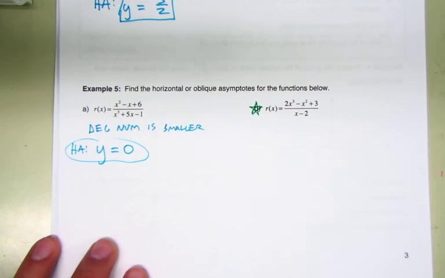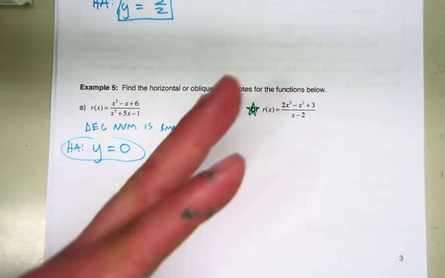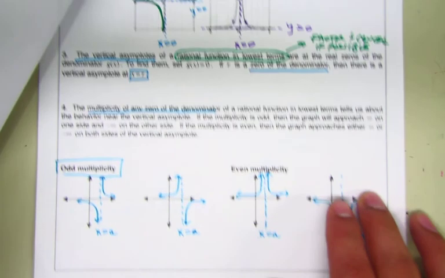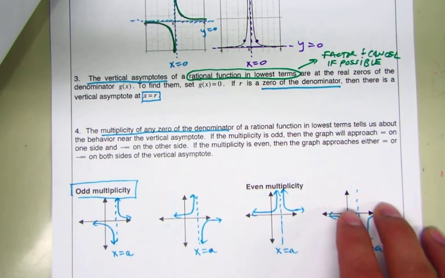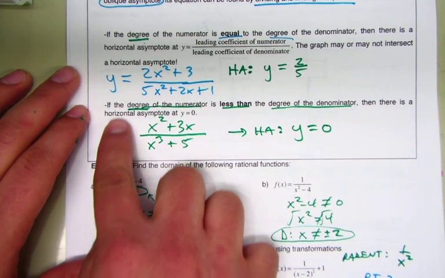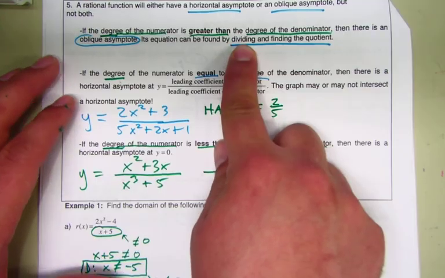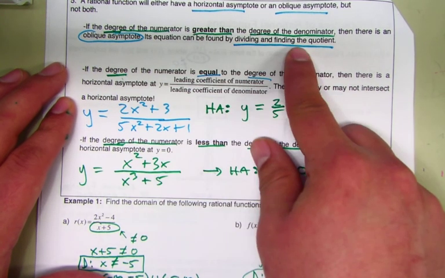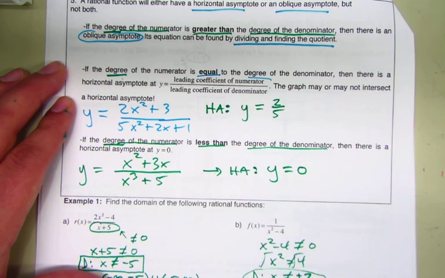So we haven't really talked about oblique asymptotes yet, but in the notes we did mention how to find them. Where is it? Page 2. So if you need to go back and you forget, it's this first case here. All you have to do, if there's an oblique asymptote, is actually divide and find the quotient, which we know how to do already from last unit, right?